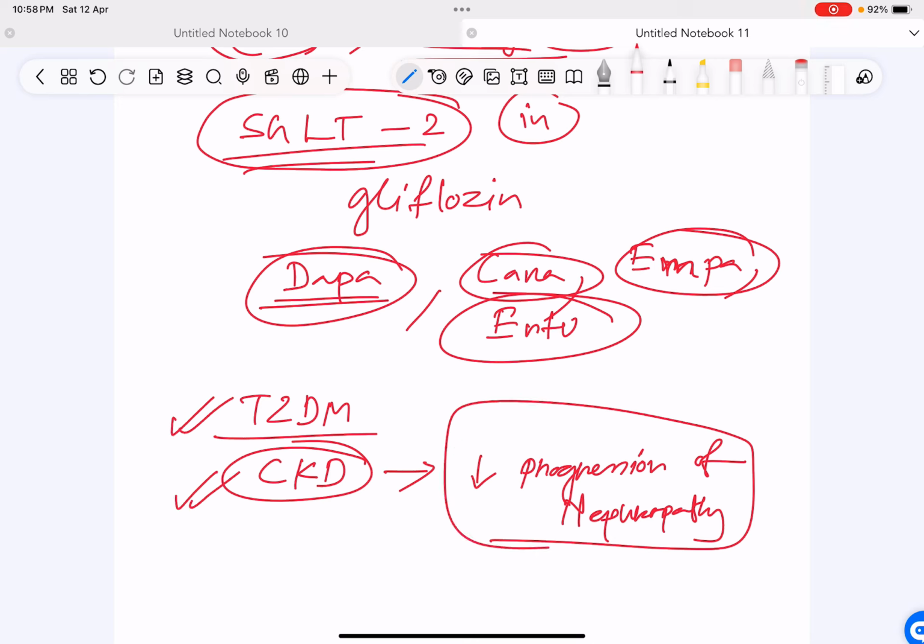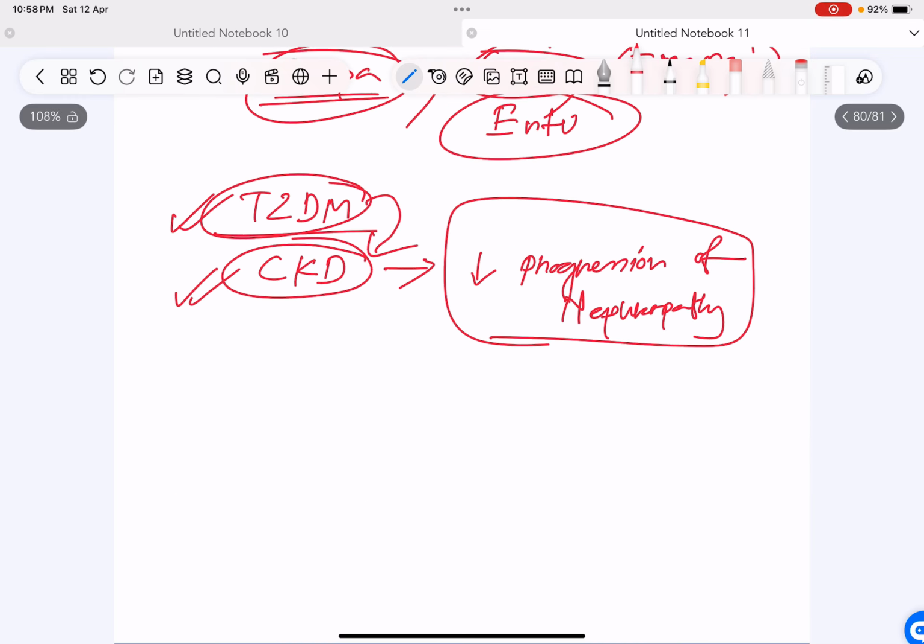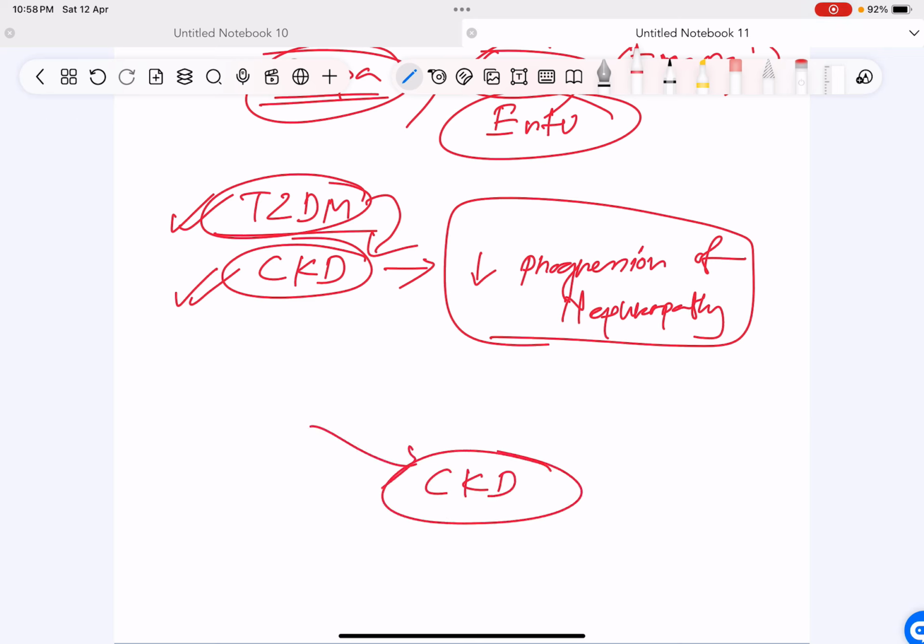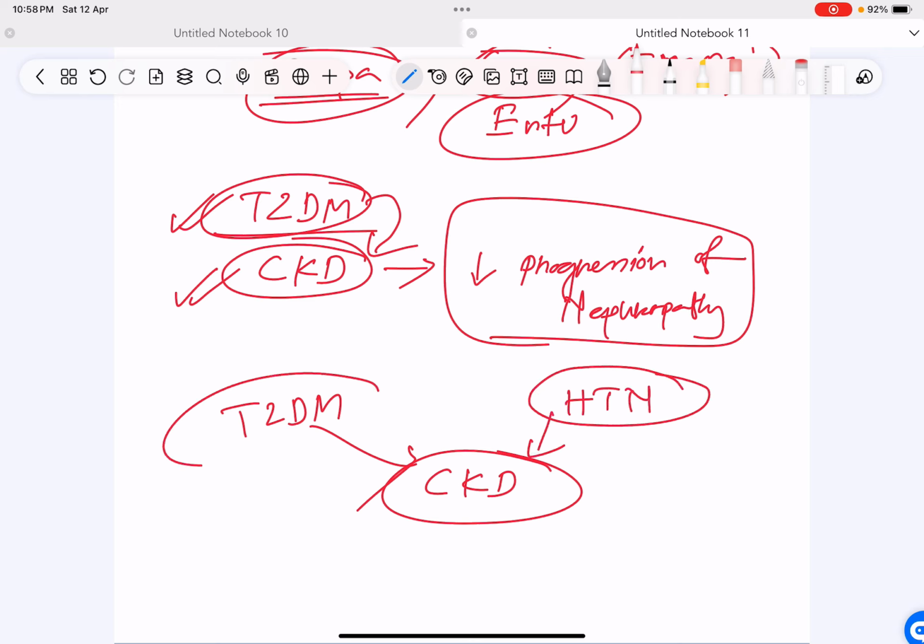We all know that type 2 DM patients are at higher risk of developing CKD. There are two conditions that cause CKD: one is type 2 DM, the other is hypertension. In many patients you will find them together.